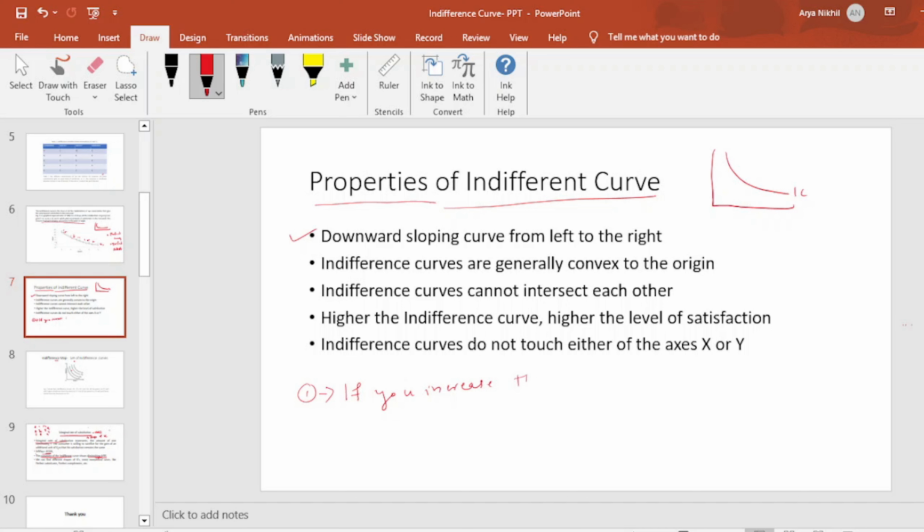If you increase the quantity of one commodity, you must reduce consumption of the other good.